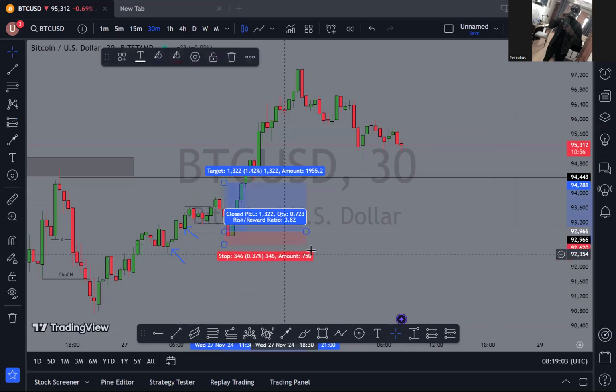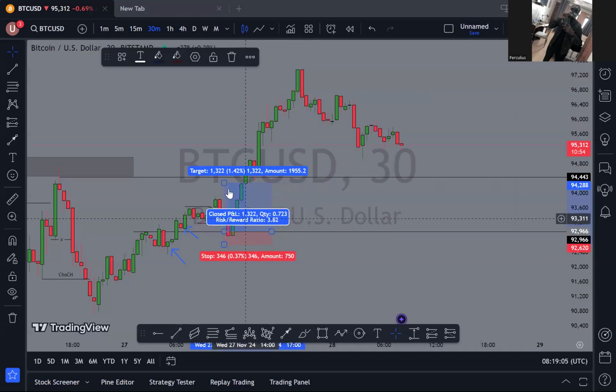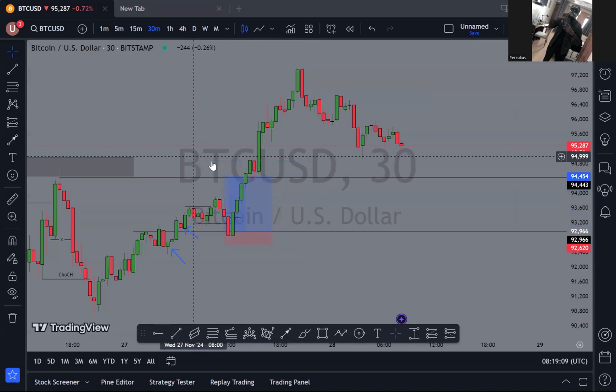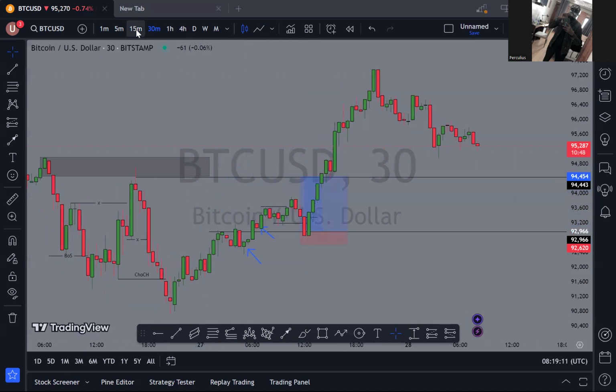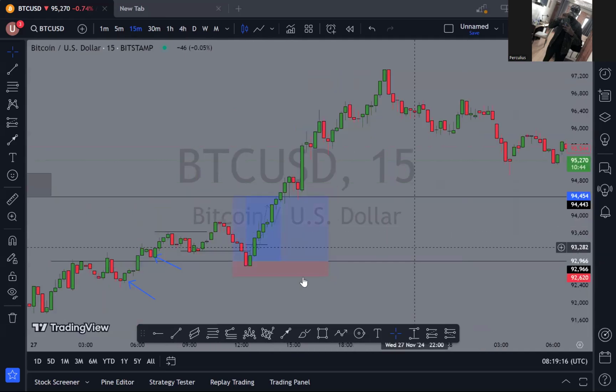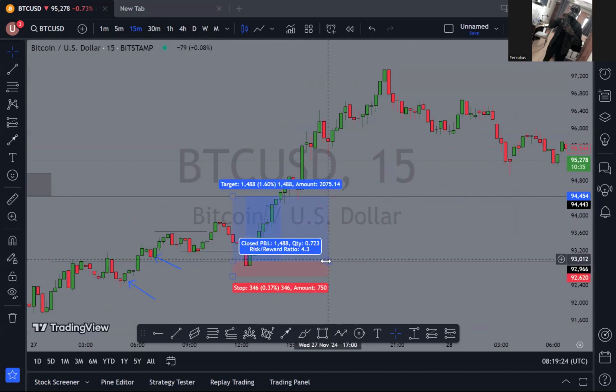Bitcoin is not a small stop loss, this is a huge one, but based on your capital, you might refine and see. So basically, this was my entry.